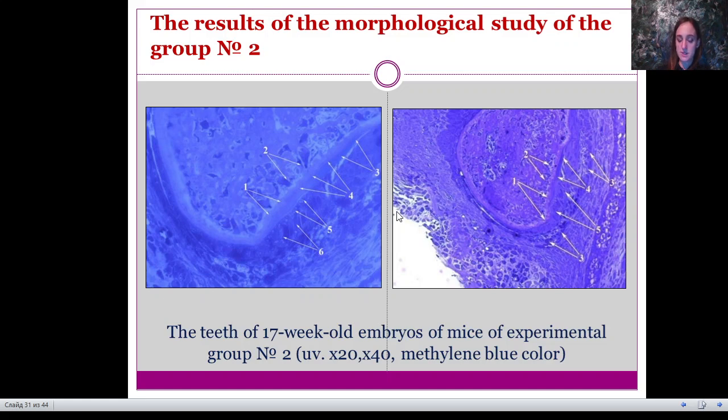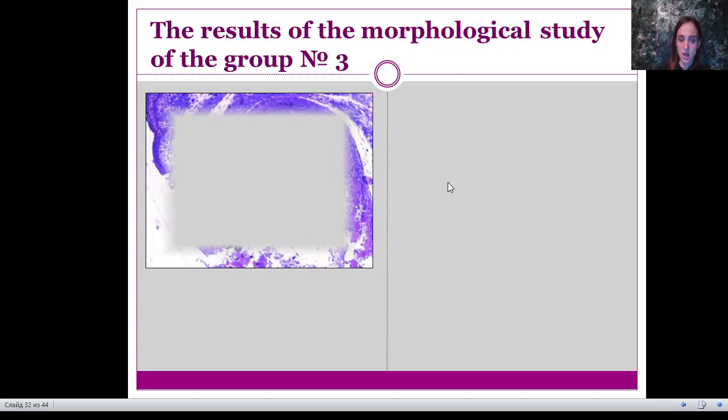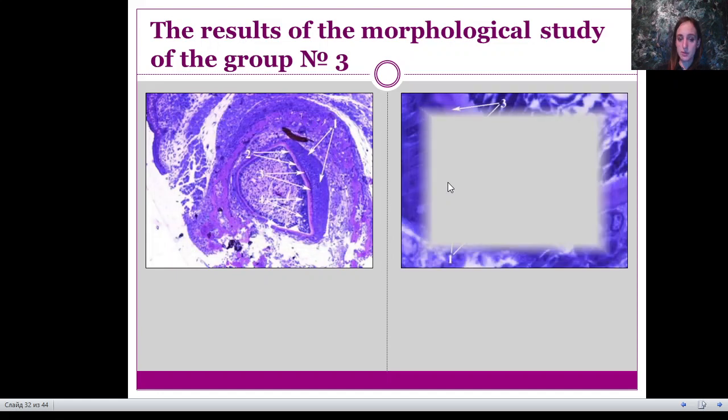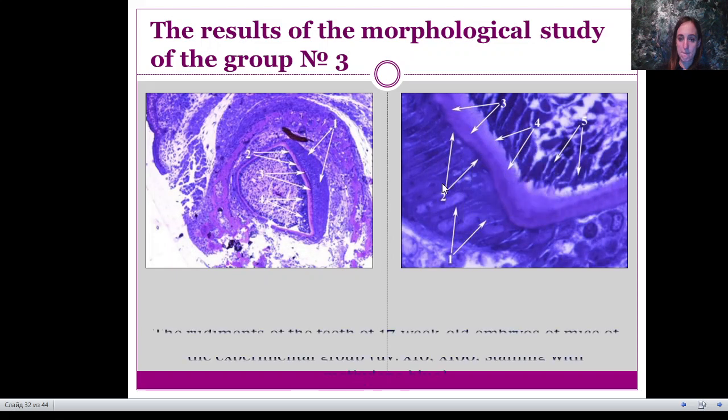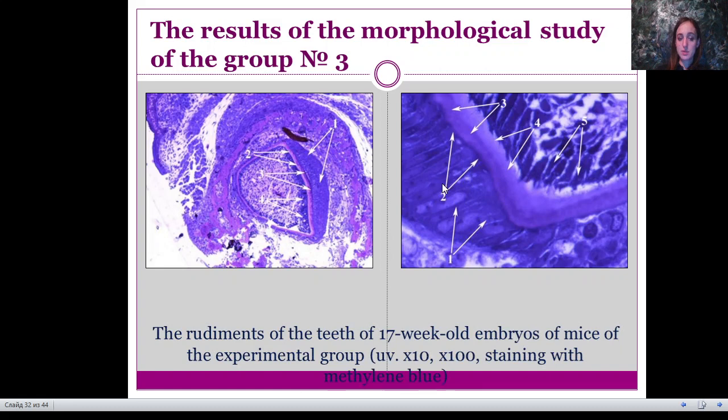Here, the teeth of 17-week-old mouse embryos, and group number 3, the rudiment of the teeth of 17-week-old embryos of mice of the experimental group.